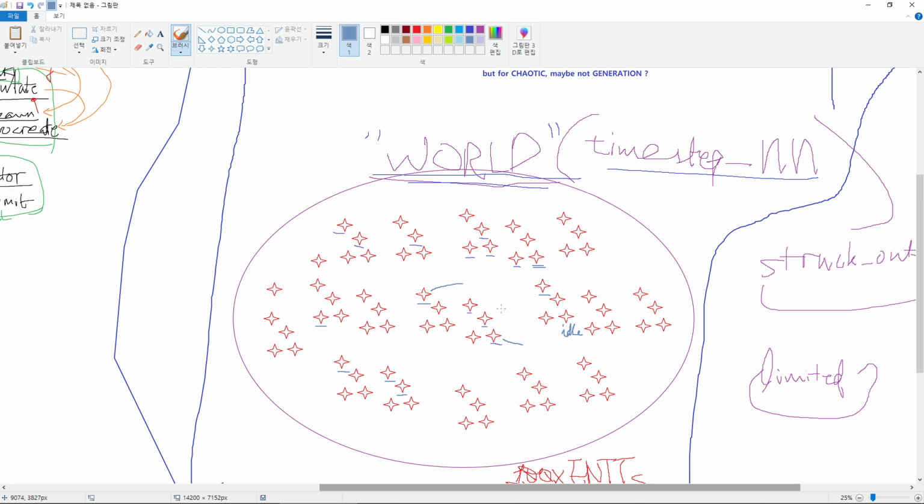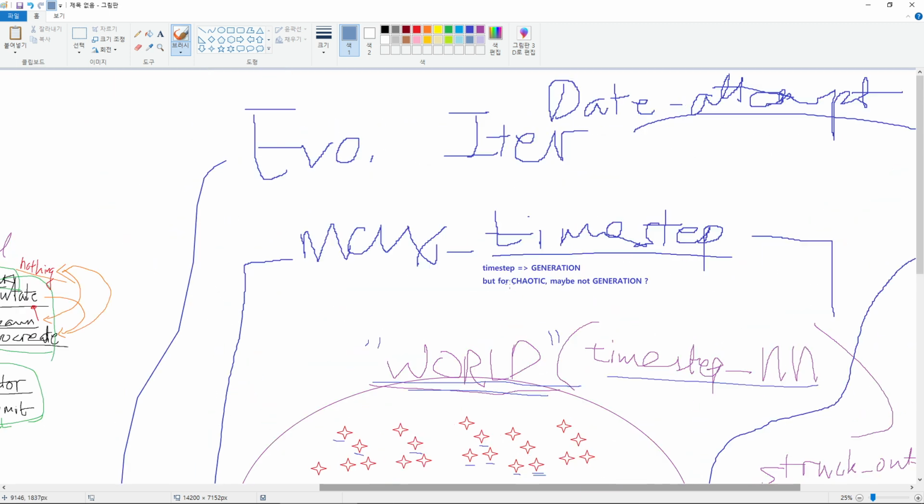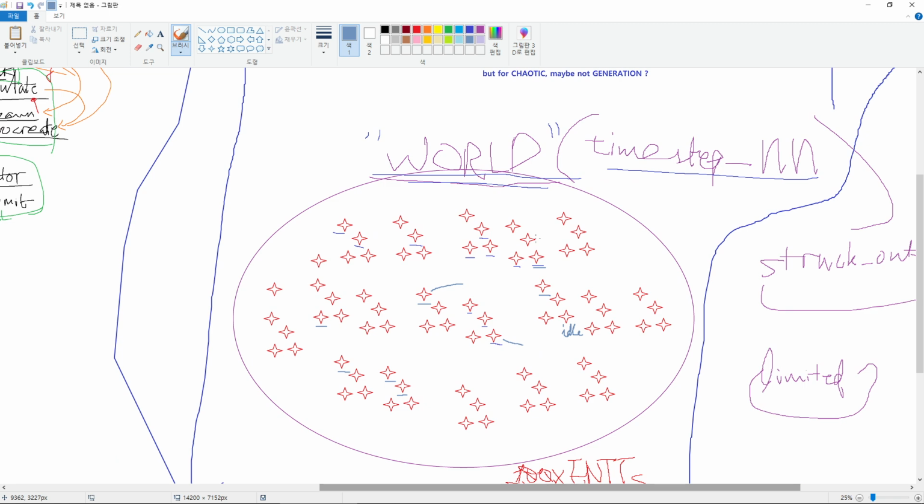So one time step isn't that big of a deal now, because it doesn't affect that wide of the given population. It doesn't affect a huge portion of the population.